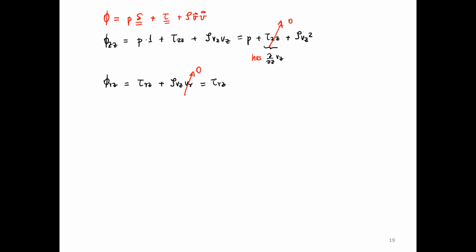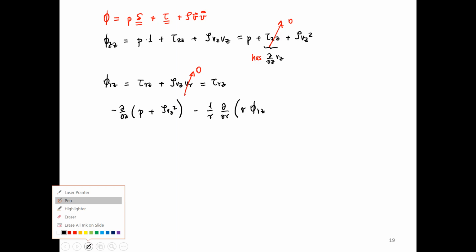I'm going to leave it at that for this very moment. So I'm going to first solve for tau rz. So when I put my differential equation together, I had minus ddz of p plus rho vz squared, and then I had minus 1 over r ddr of r times phi rz, and I'm going to immediately write down what that is.